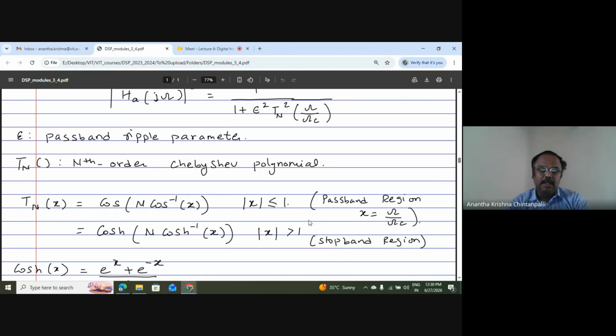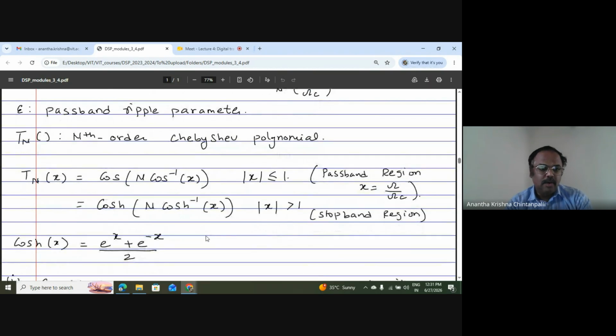Similarly, for mod of x greater than 1, that means mod of omega greater than mod of omega c, which is the stop band region, I will have a function which is the hyperbolic cosine of n times inverse hyperbolic cosine of x.